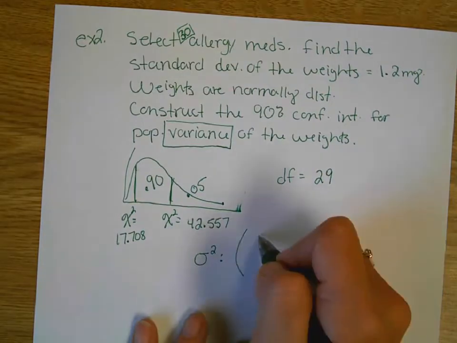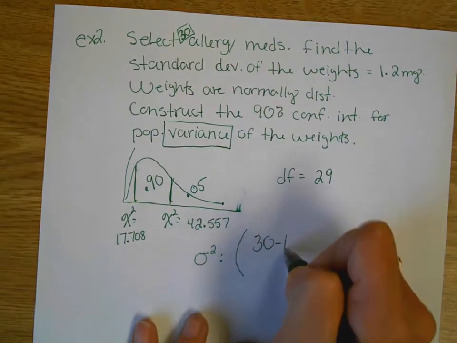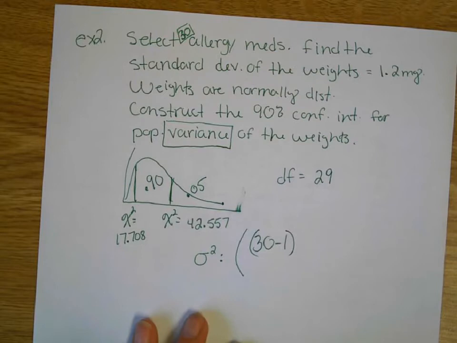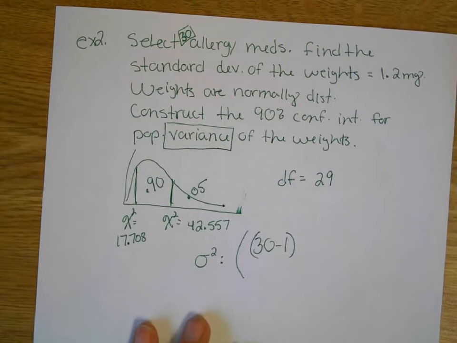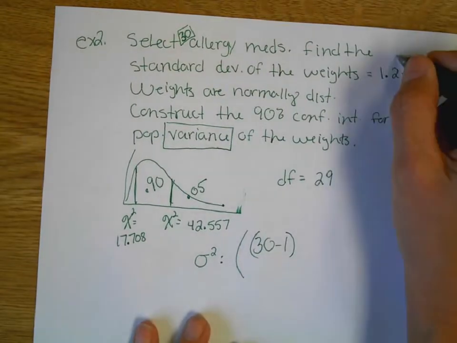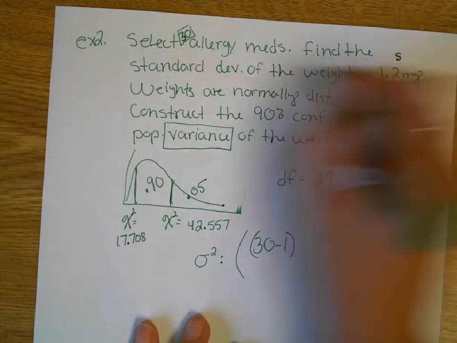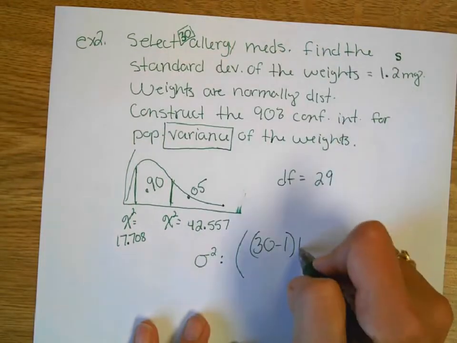So it's n minus 1 multiplied by the s value. Where's s in this problem? This is the s. It's the standard deviation of my sample of 30.